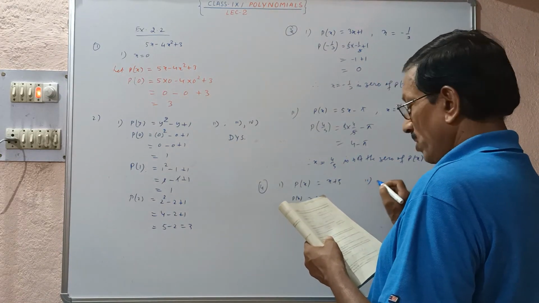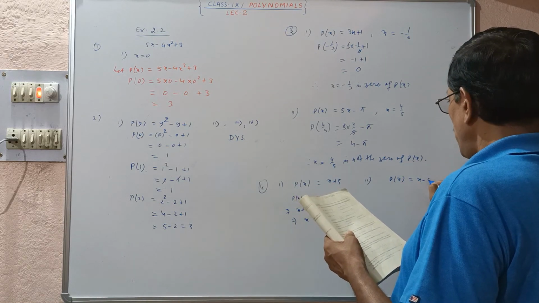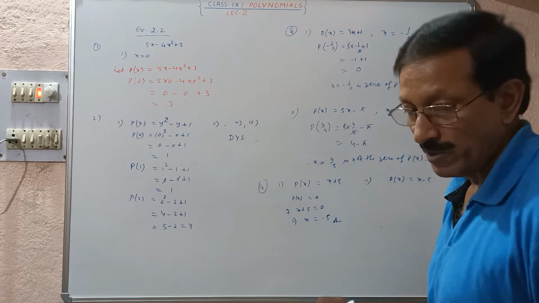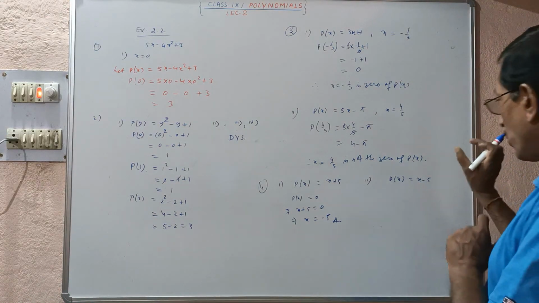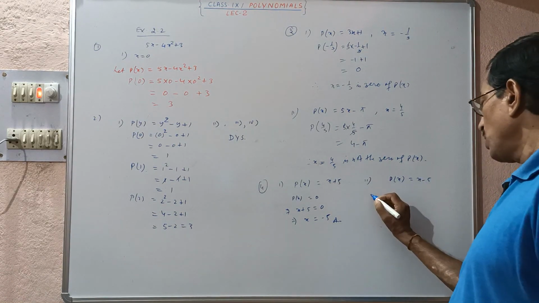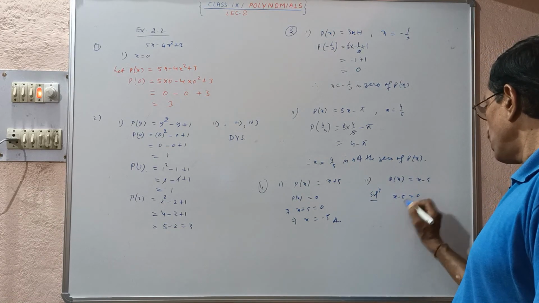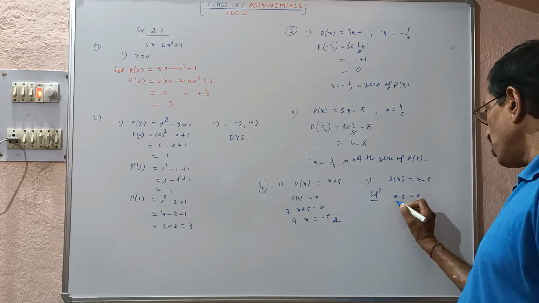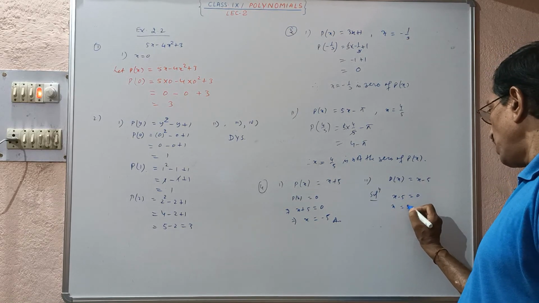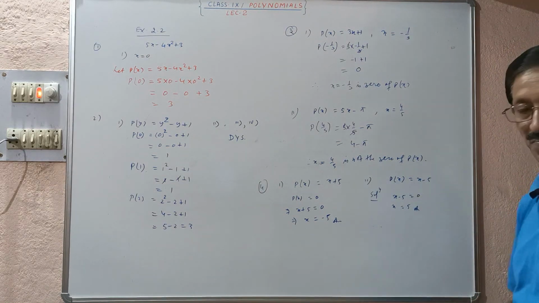Next question, one more: p(x) = x − 5. We have to find the zero of this polynomial. Since we have to find the zero, we equate it to 0. So we write x − 5 = 0, that is x = 5. x = 5 is the zero of the polynomial x − 5.